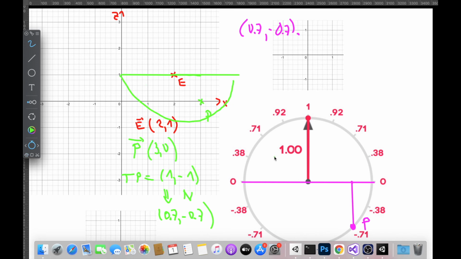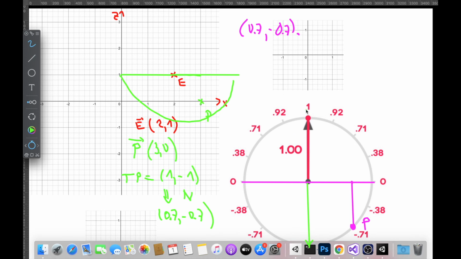Now the forward vector of the enemy is not pointing in this direction, because we are facing down here. So now my forward is what?